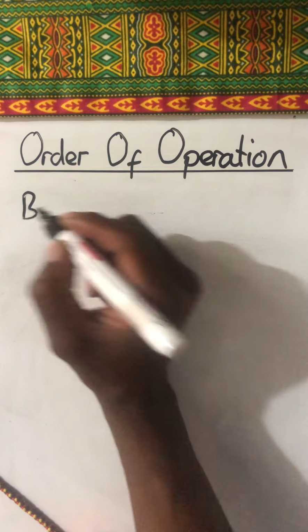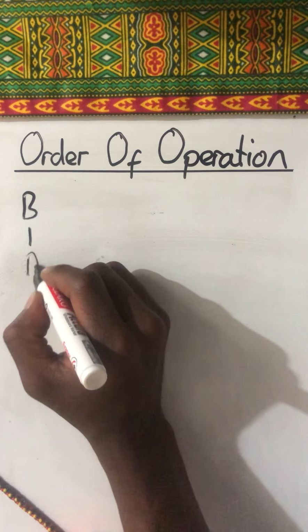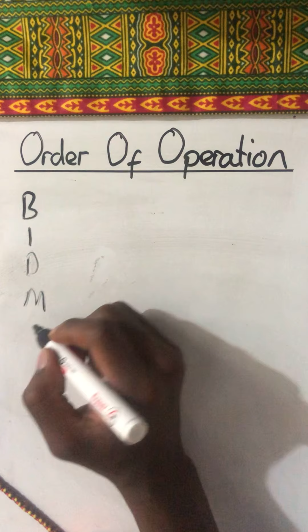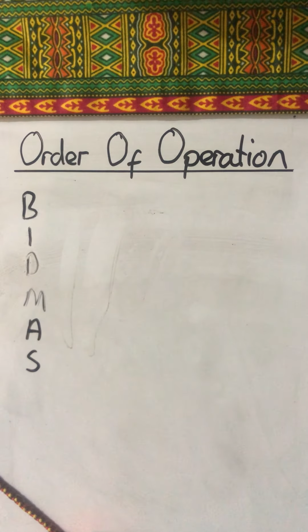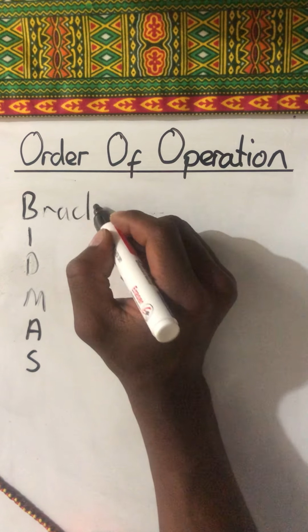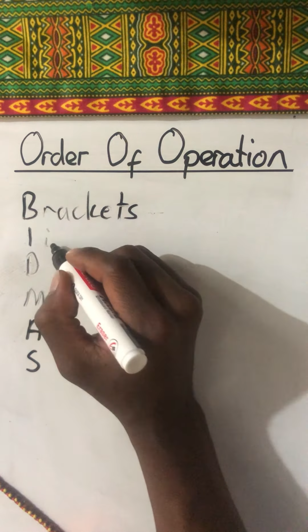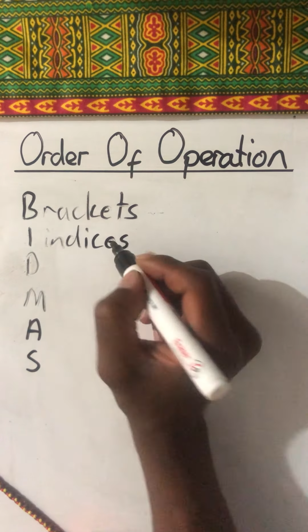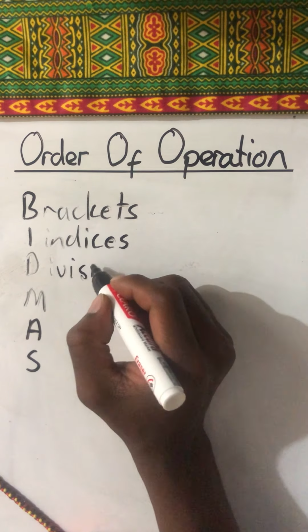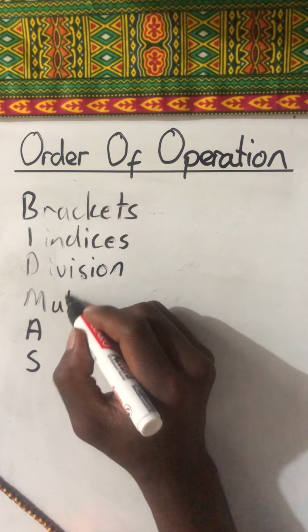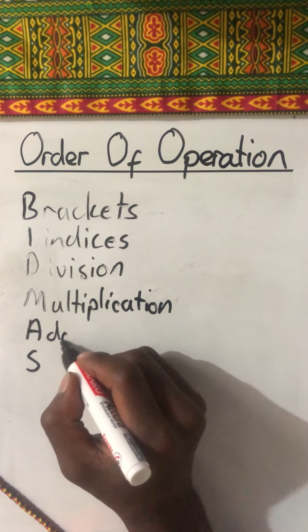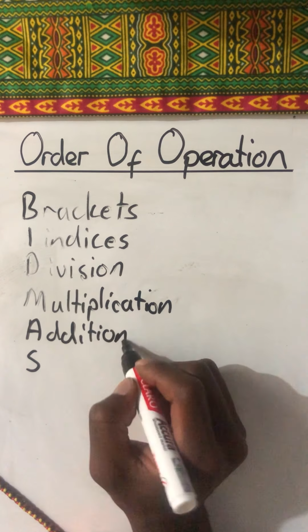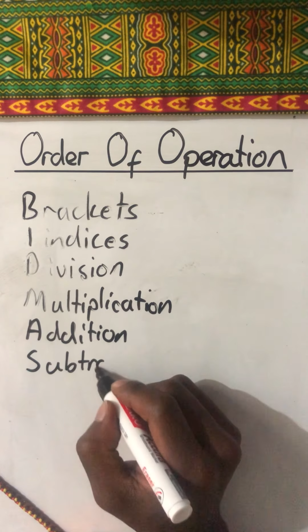We have an acronym that we call BIDMAS, and this stands for brackets, indices, division, multiplication, addition, and lastly, subtraction.